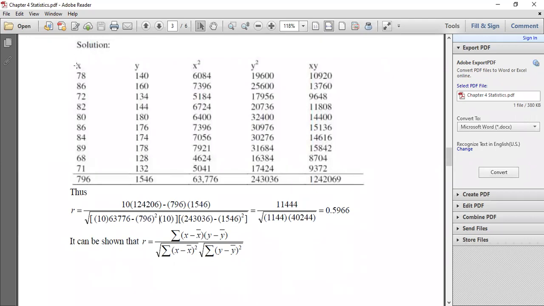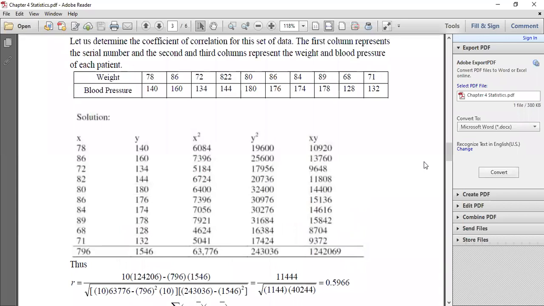But remember, what is your X and what is your Y? Your X is the weight here, and your Y is the blood pressure. So you retreat back to the names. And so it means as the weight increases, the blood pressure also increases.